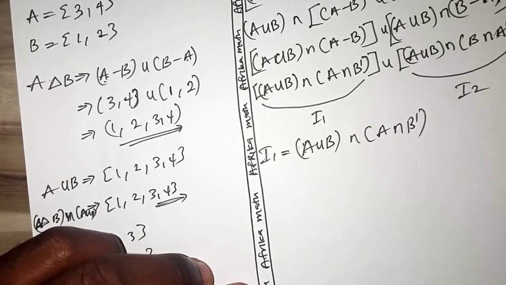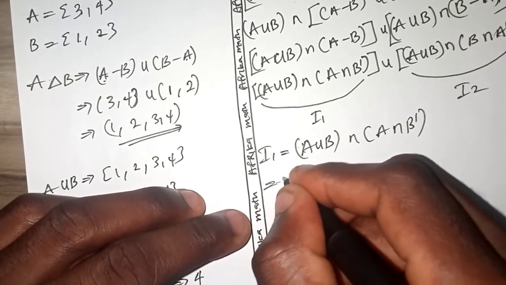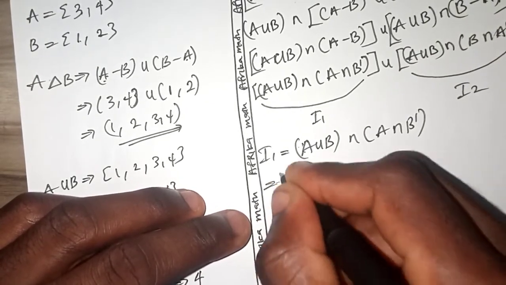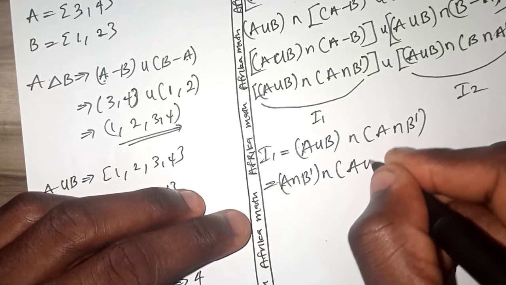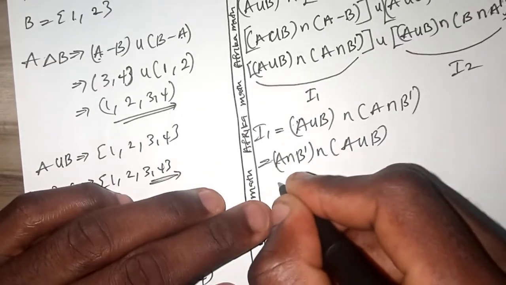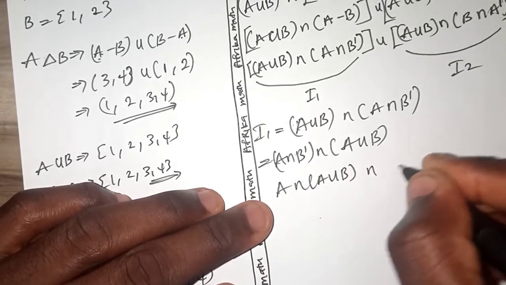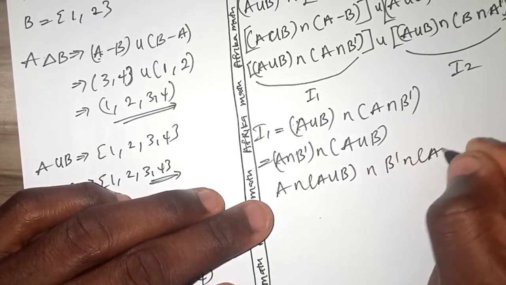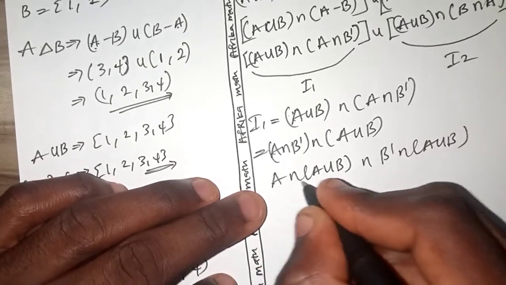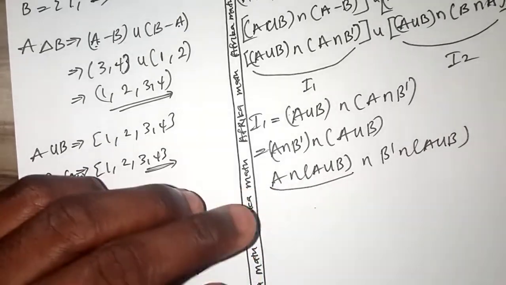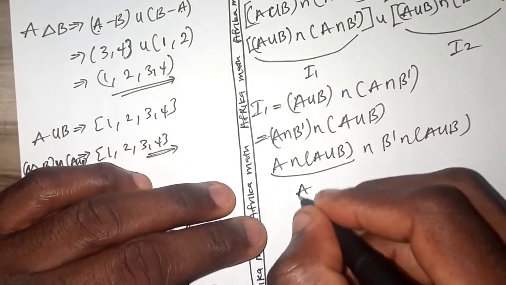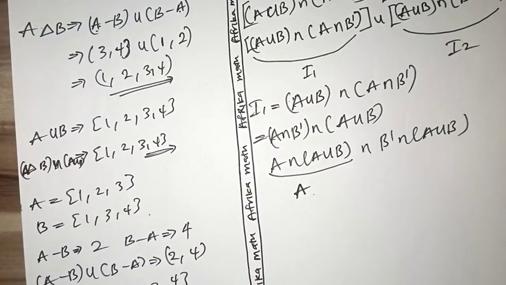So from here, let's try to use another associative law again. So that would be A intersect B prime intersect A union B. So that would be A intersect A union B, intersect B prime intersect A union B. So if you remember, the law here is what? Absorption law. This one will give us A. If you check the video on set proving 1, this is absorption law.